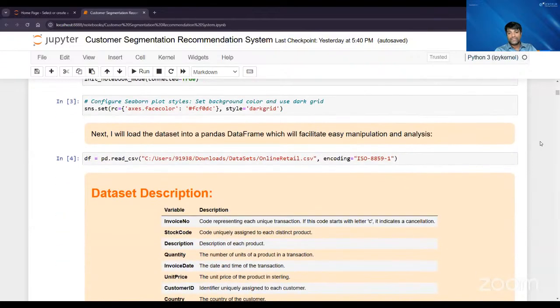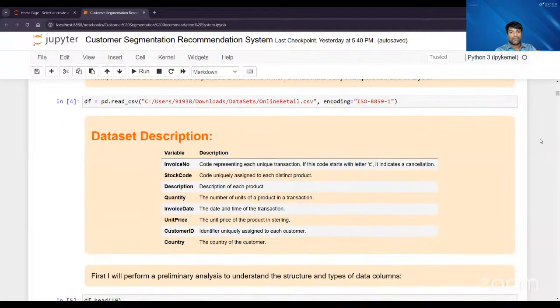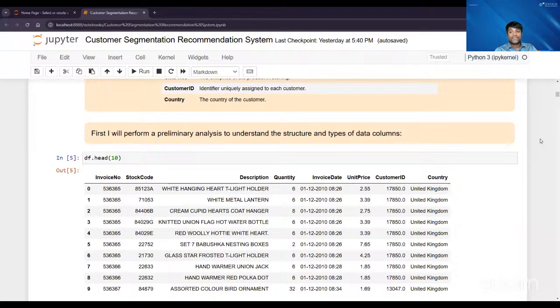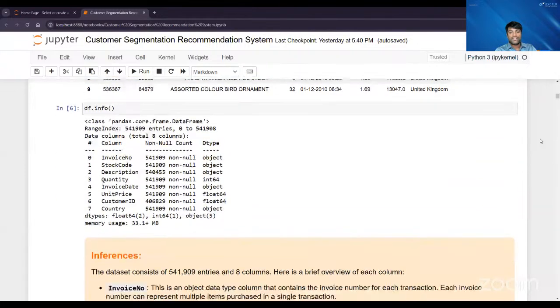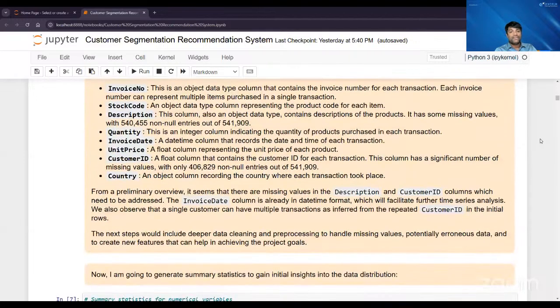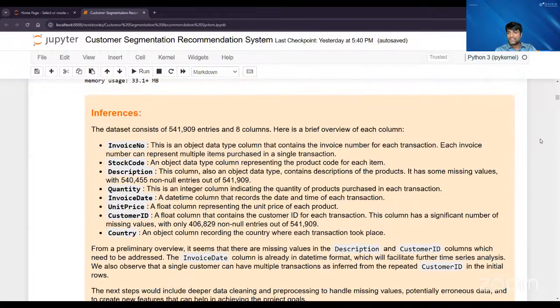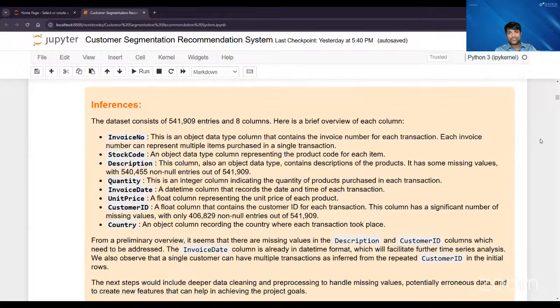Then we went through the data set and its description. After that, we saw the head of the data and then the info, which gives the null count and so on. We identified that there are a few null values, and then we saw the inference from the small analysis we had done.